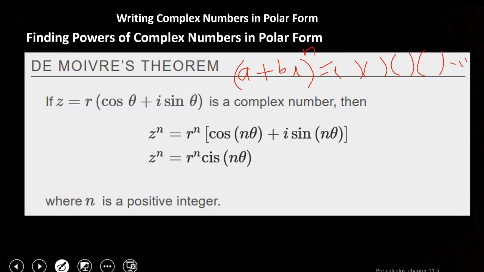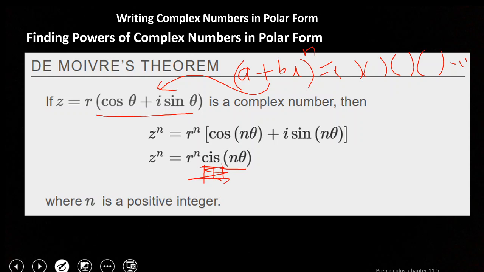So with this theorem, all we have to do is write it in polar form, which is r times cosine theta plus i sine theta. Remember, we call this form cis, for cosine plus i sine. That's why it's called cis.